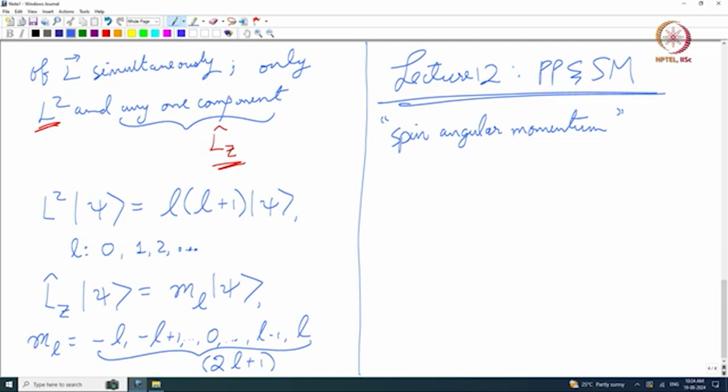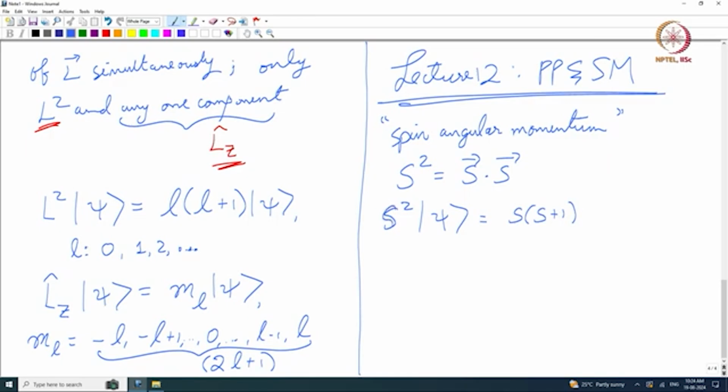So that means we again have an S squared operator which is S dot S. What are the eigenvalues of S squared? Just like L times L plus 1, we now have s times s plus 1, small s.